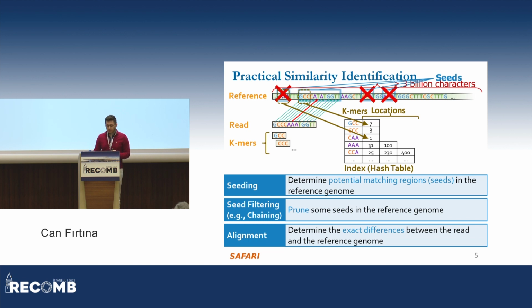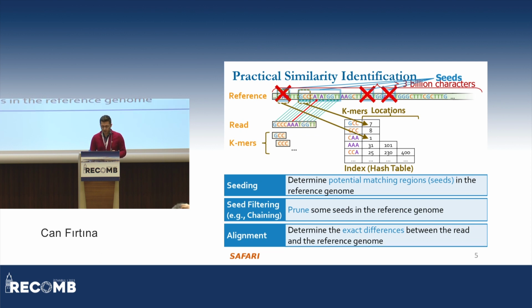To identify the similarities, we usually apply several heuristics in several steps. For example, a seeding step can determine the potential matching regions between a read and the reference genome by extracting some chimeras from a read and then identifying where they appear within the reference genome, which we call candidate regions or the seeds.